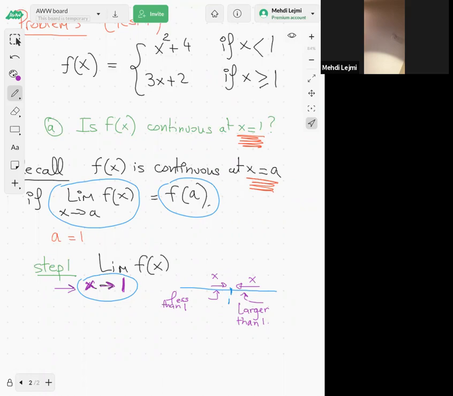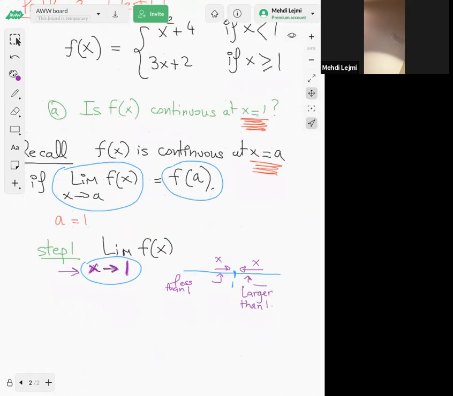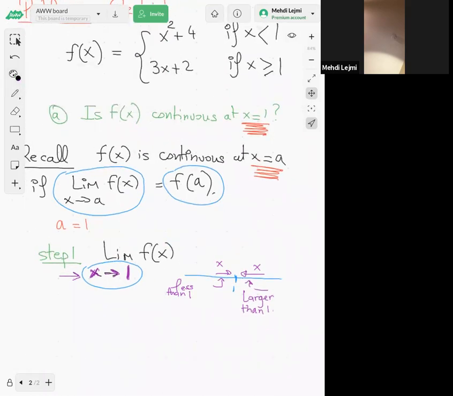So to compute this limit, we have to use both equations. First, in the case when x approaches 1 from the left, I'm going to use a minus sign to say x approaches 1 from the left.